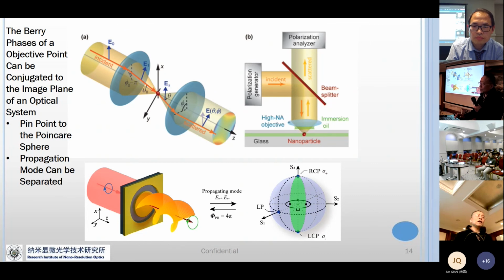We need to select a different modulation, select a different track in the Poincaré sphere. For example, in this diagram, for a circularly polarized, circular symmetry, we need to do a lot of modulation around here, and around here, and also across from here to here. So the field illumination change takes multiple forms.